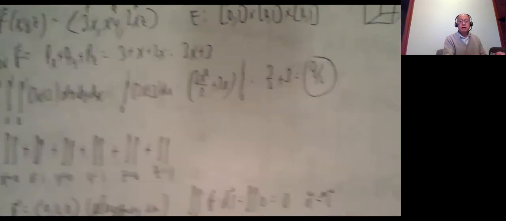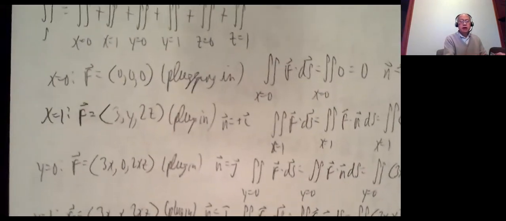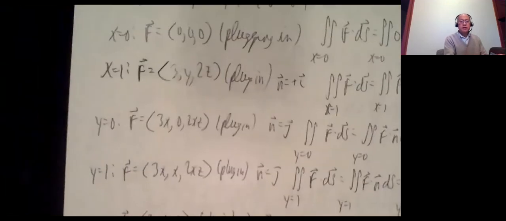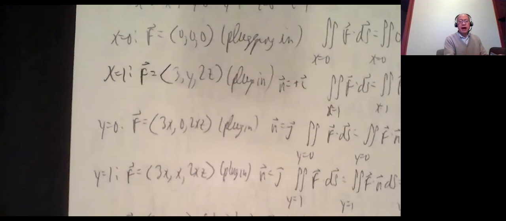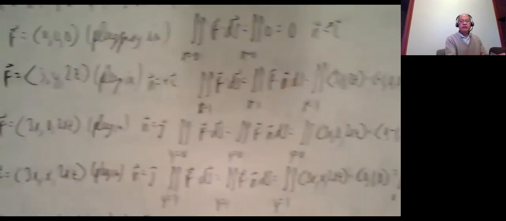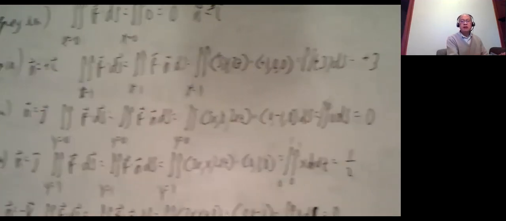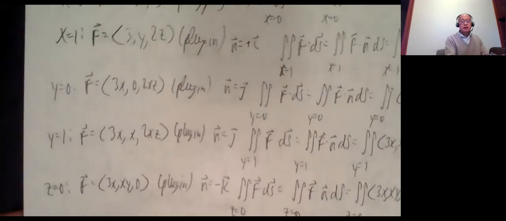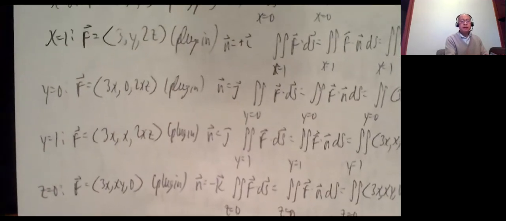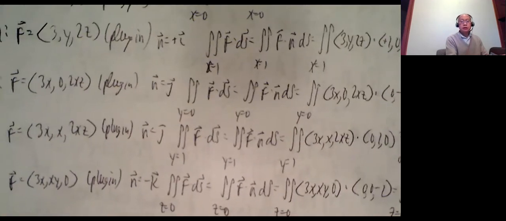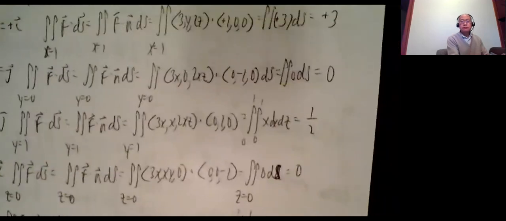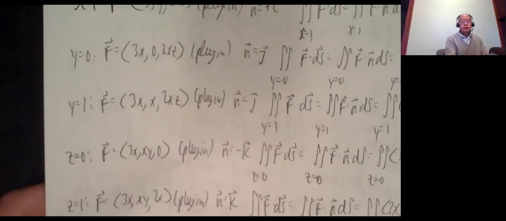I guess I have to scan back and forth here. I'll go do each letter. X equals 0 was the back. X equals 1 is the front. Then y equals 0 would be the left. Y equals 1 is the right face.